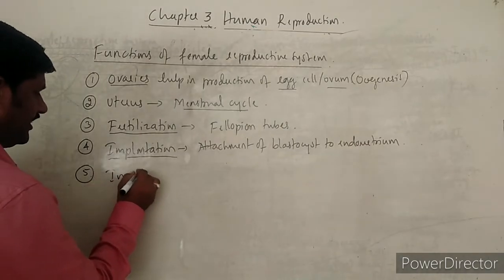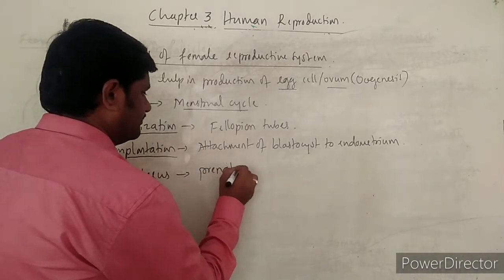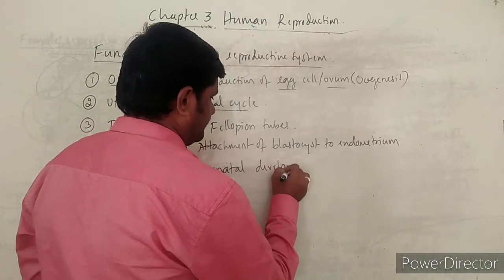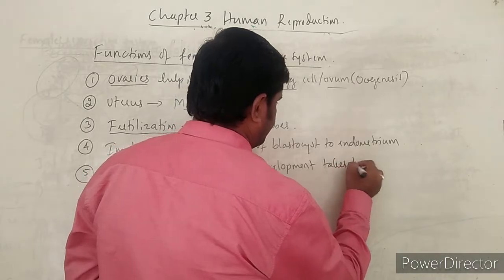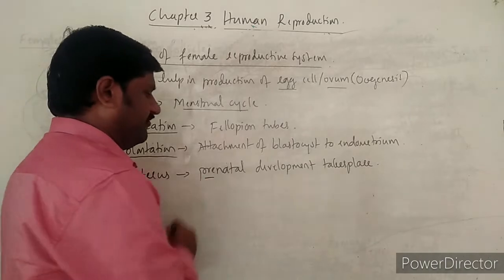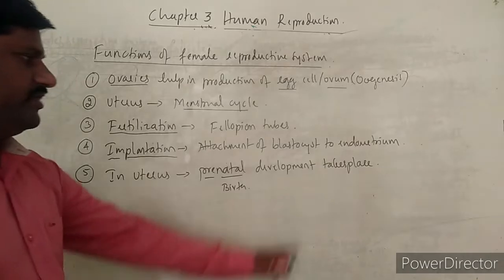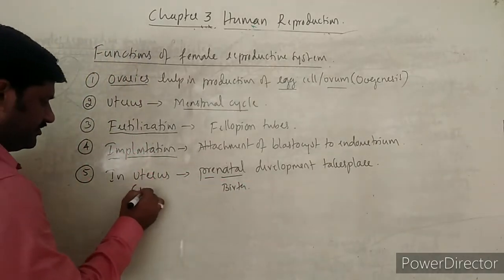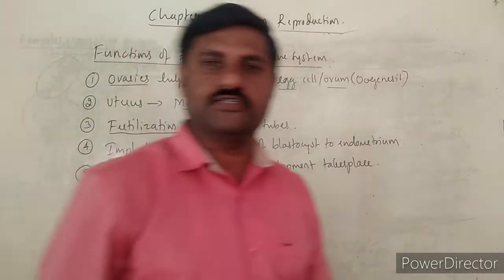In the uterus, prenatal development takes place. Pre means before, natal stands for birth. Before the birth of the baby, whatever development takes place in the uterus, which is called the womb of the mother, right? This is also one more function.